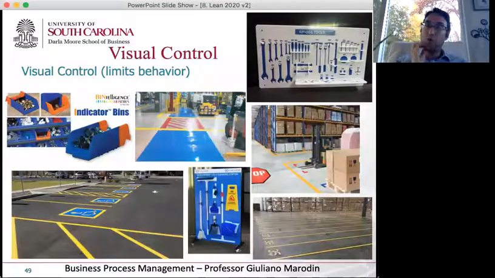The visual controls want not only to grab your attention, but to drive your behavior, right? So it tells you, oh, you need to park here, and you only park if you're handicapped. You have to put the materials in the bins in a certain order, right? This is called a shadow board. You have to put the things in exact order, and you have to know if you have all your tools there.